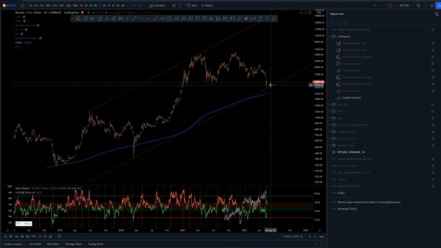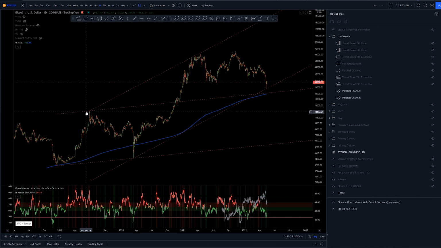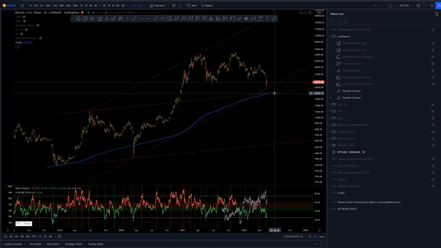We can see this kind of action. The last low we almost got to the trend line, which is really good. Here is again the base channel from 0 to 1 to 2. We can see some kind of confluence around here where the 200 weekly moving average is currently.